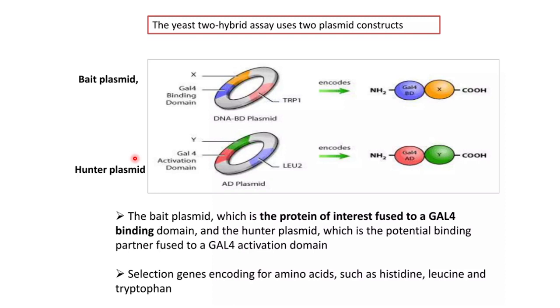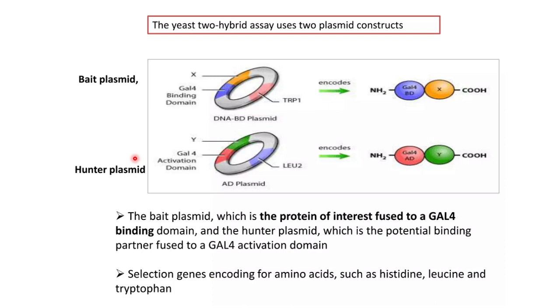So the selection genes encode for amino acids such as histidine, leucine, and tryptophan. Based on that, you can select the colonies, or the cells, that have taken up your plasmids or for which the protein-protein interaction is occurring.